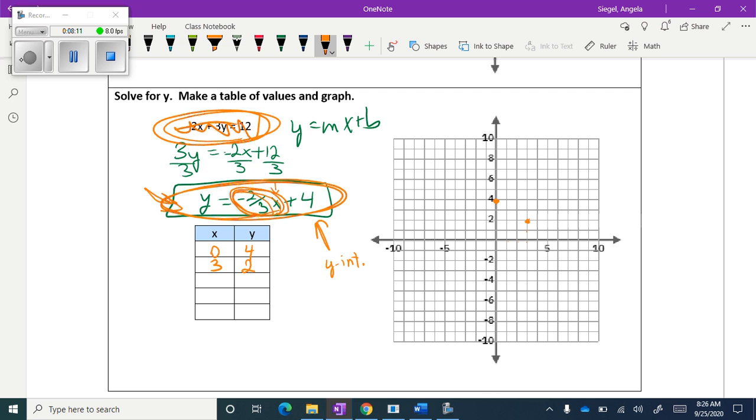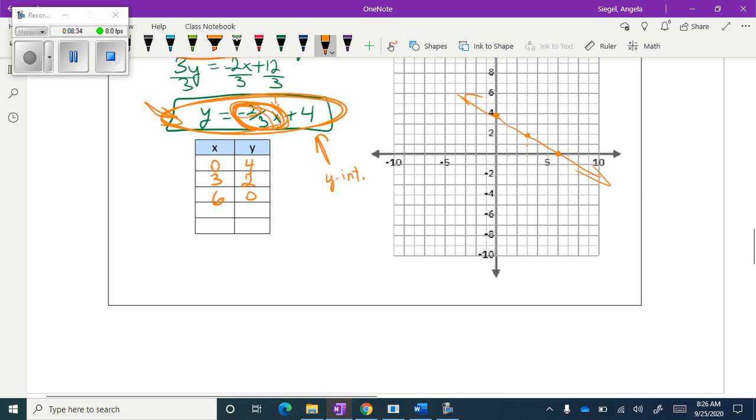Another one would be 6. If I multiply this by 6, the 6 and 3 cancel out, so this will be -4 plus 4 is 0. Right there. Notice that nice line that it's making, and it's totally matching our line up here.